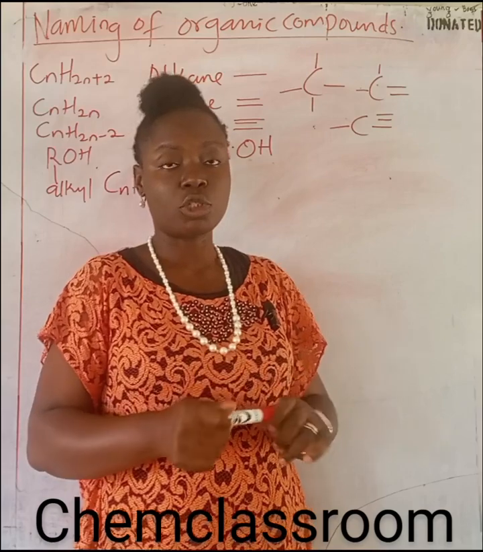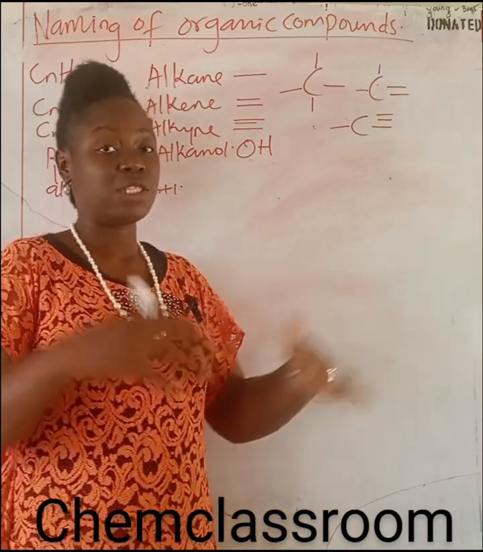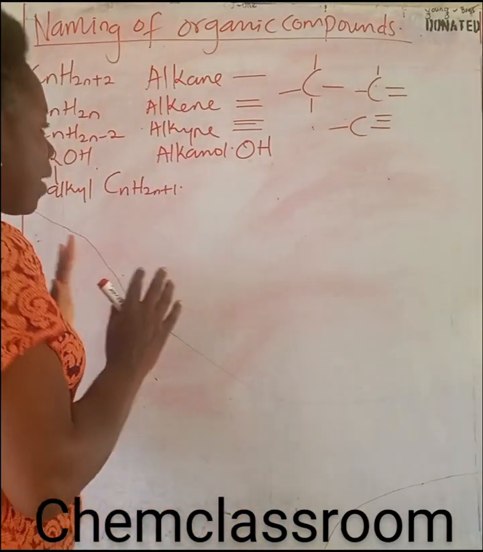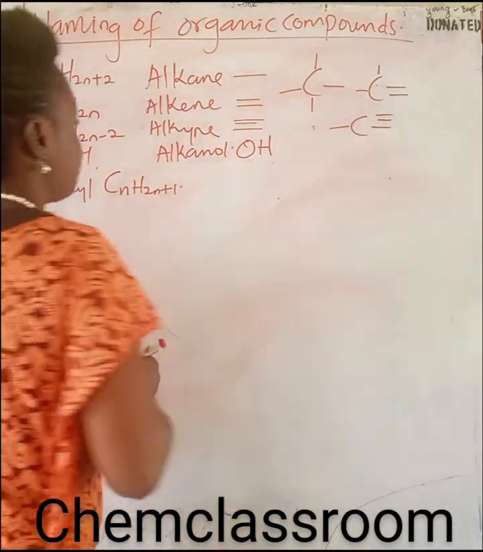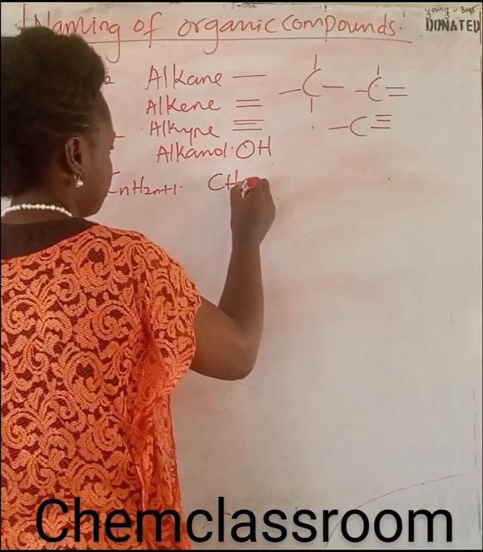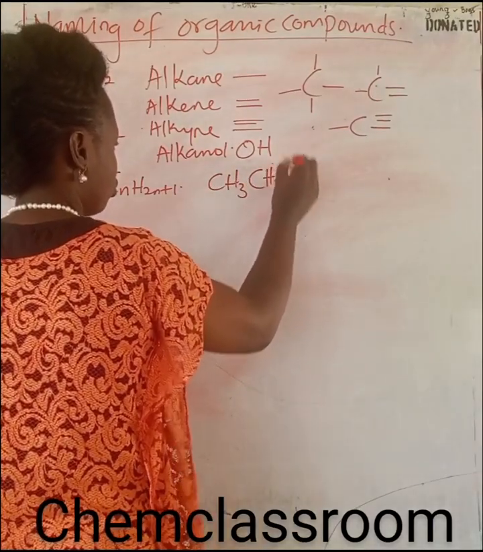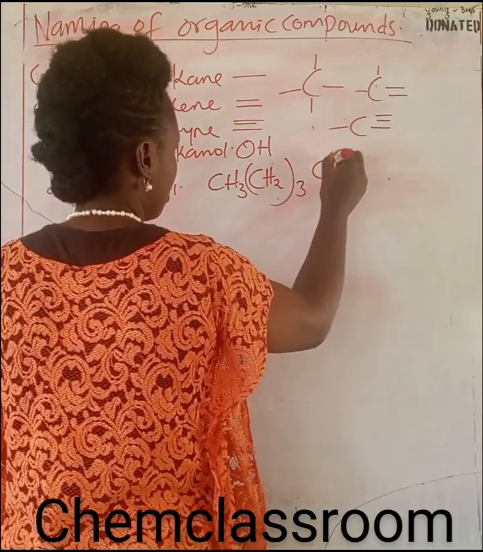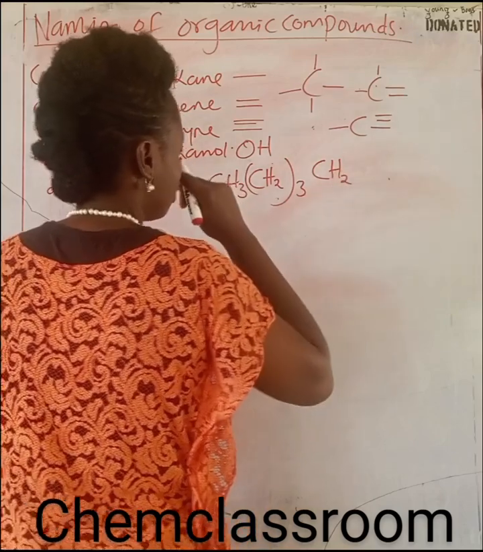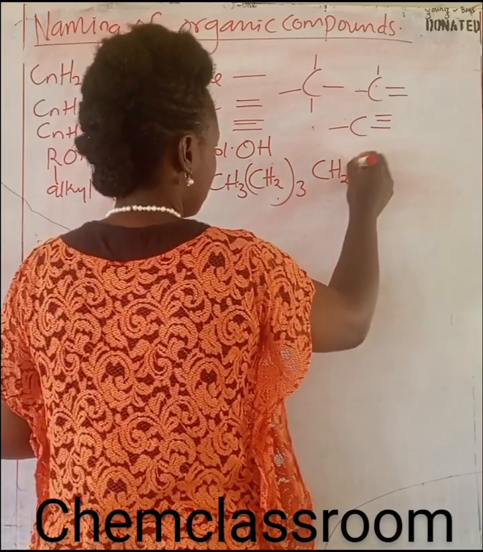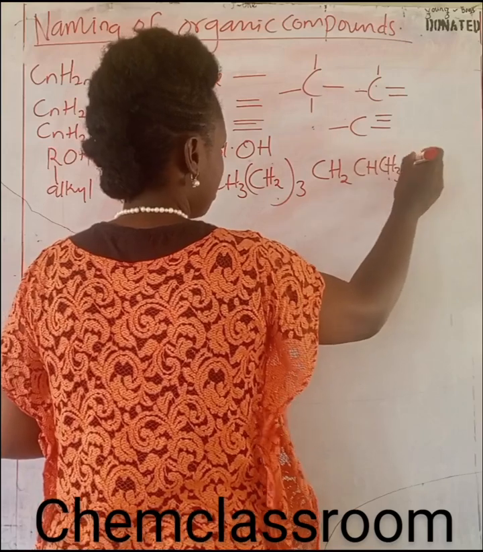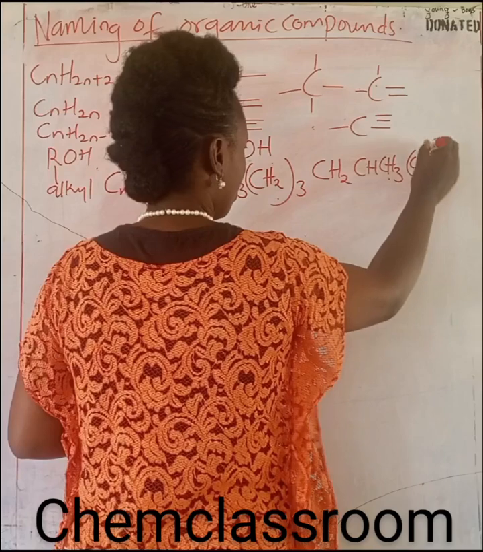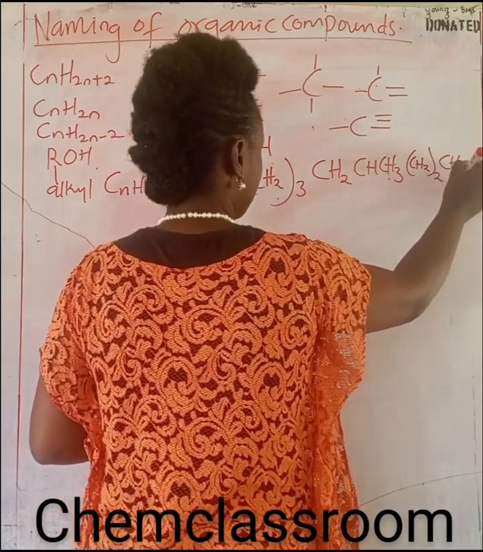So I'm going to draw some structures. Now there are some structures that they will give you in expanded form or in a collapsed form. So I'm going to write a collapsed structure now, then I will express it for us to see. Okay, so if you have something like this, CH3, CH2, CH2, then maybe I have another CH3, then maybe CH2, then I have another CH3 closing up.